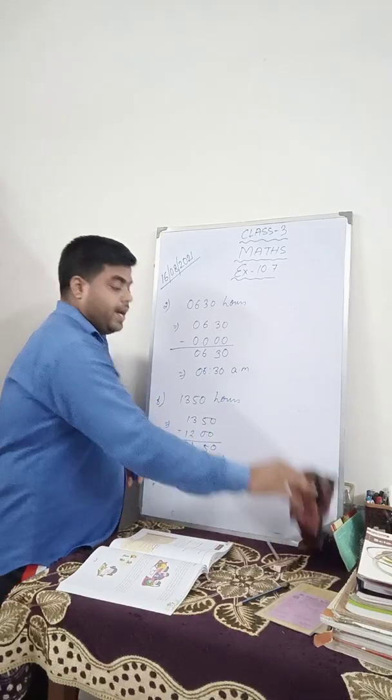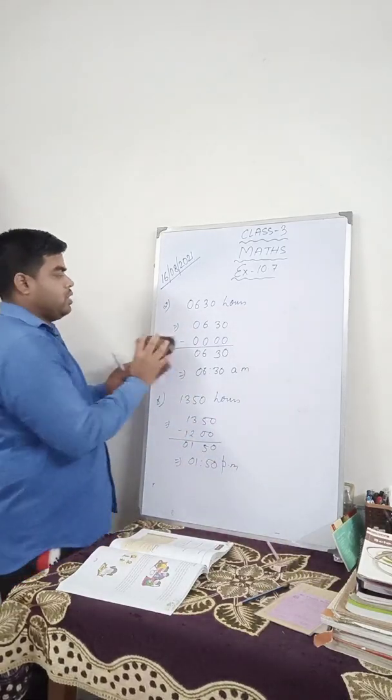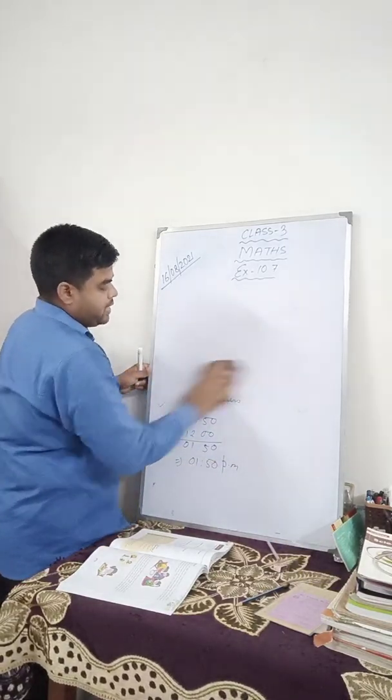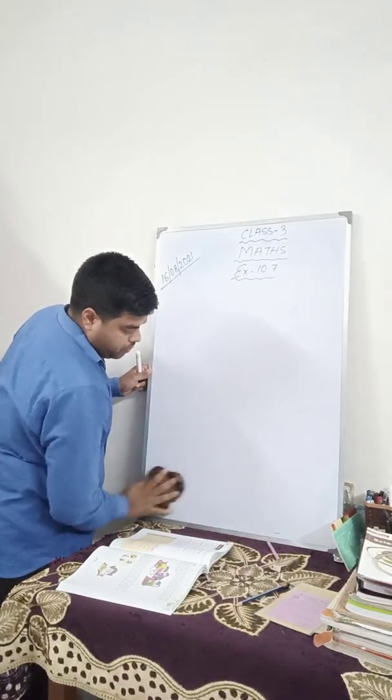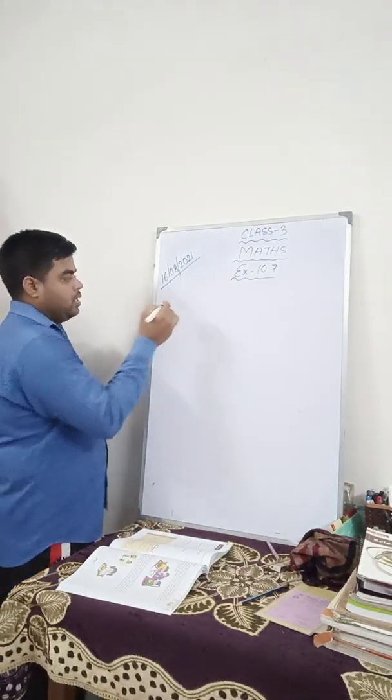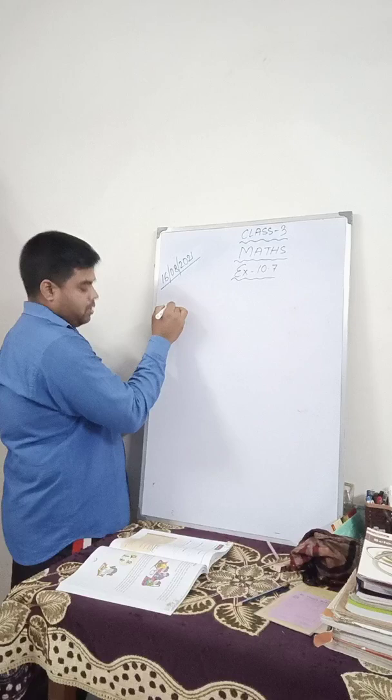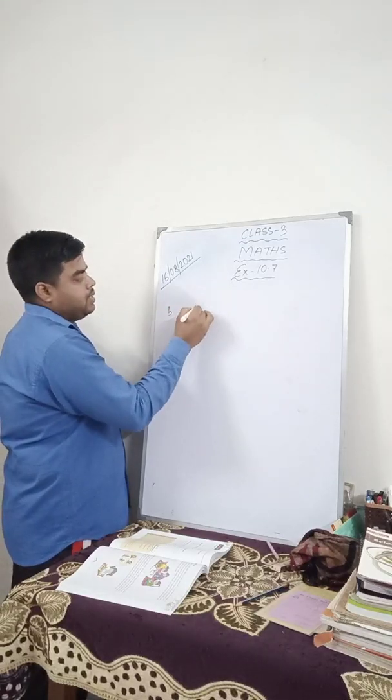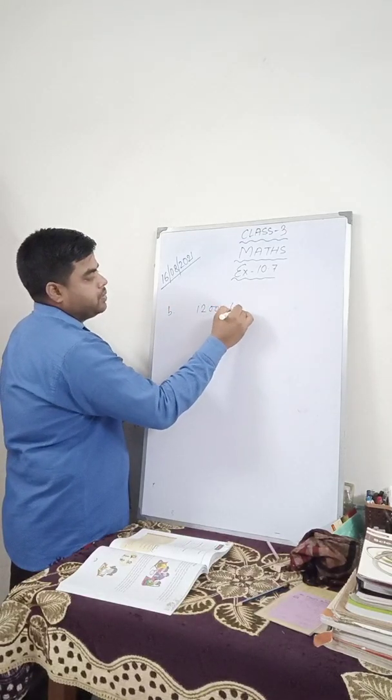Now let us do those exceptions also in 24 hours clock. There are a few exceptions. If it is exactly 12, then what will you do? Number B. See, they have given you 1200 hours.